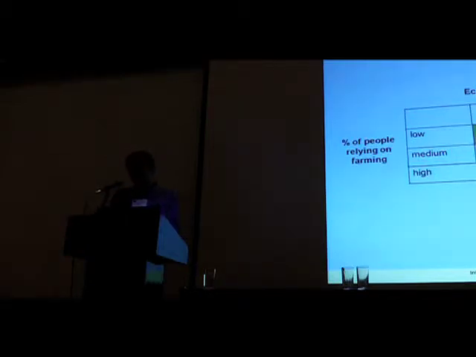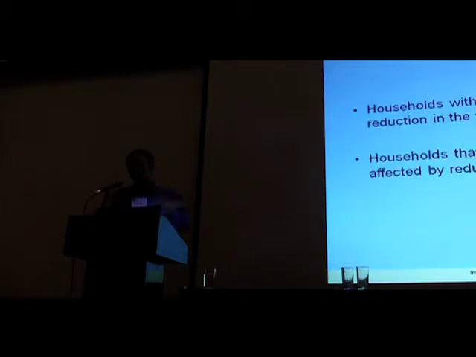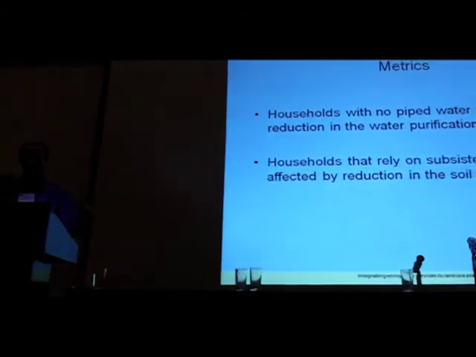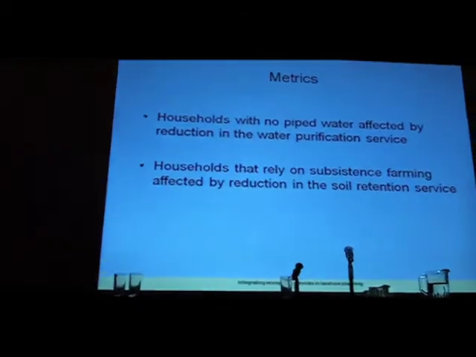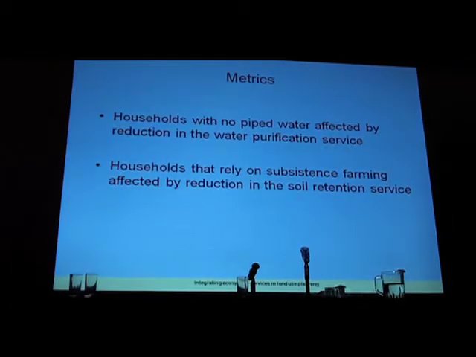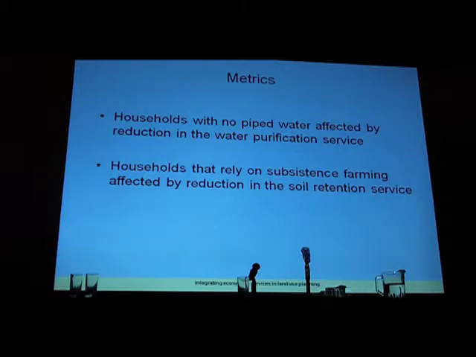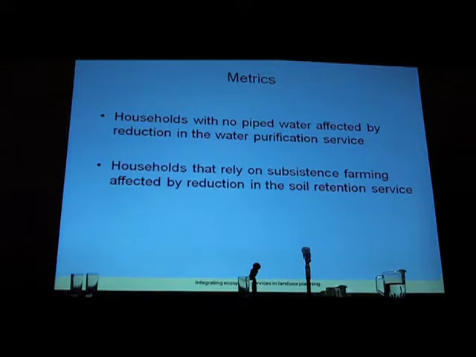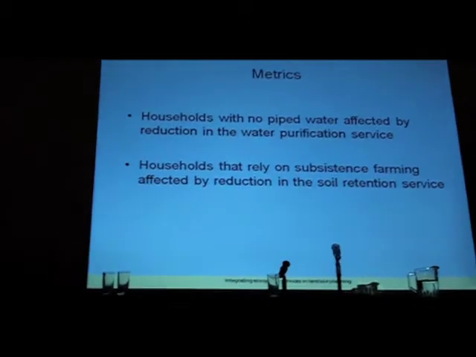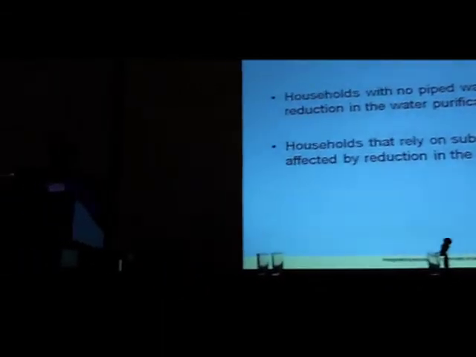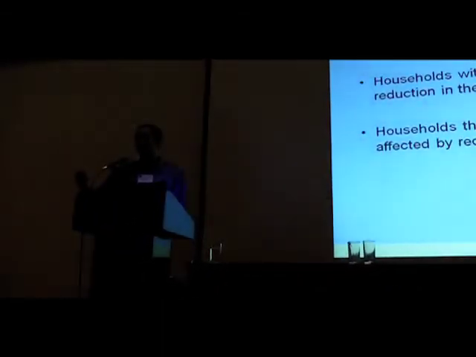So this again allowed us to come up with additional metrics, like the number of households with no piped water affected by a reduction in the water purification services. Assume that these people rely on wells, on surface water, so they need this service for health. Or the number of households that rely on subsistence farming that live in areas that are bound to be affected in terms of soil retention, soil preservation.